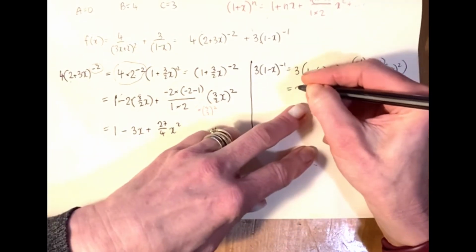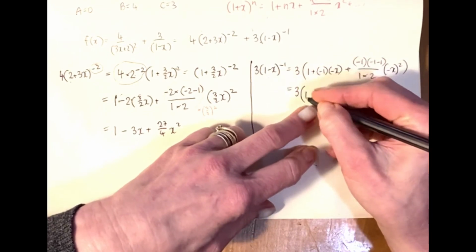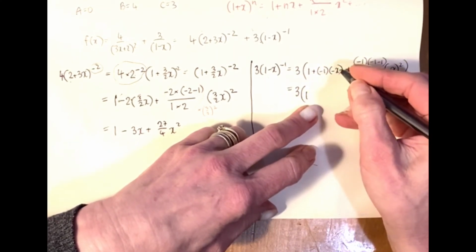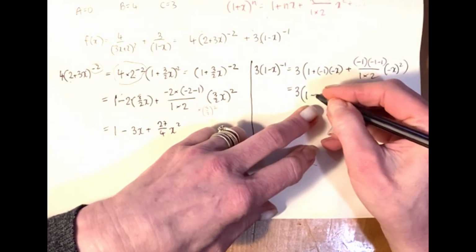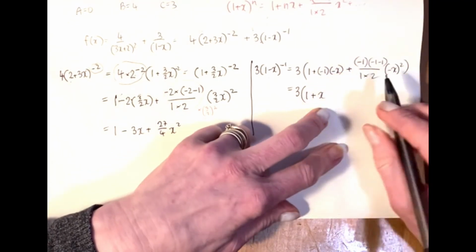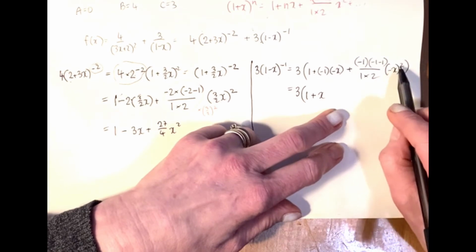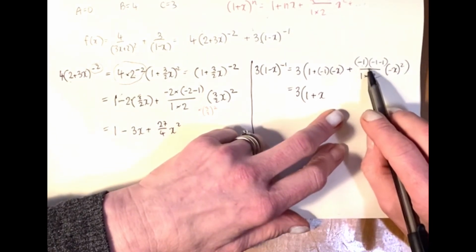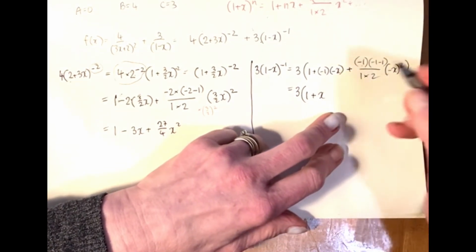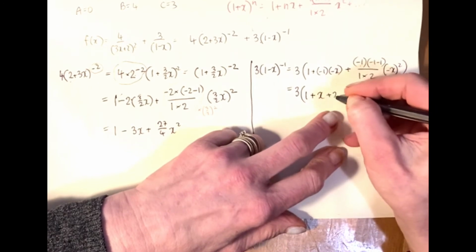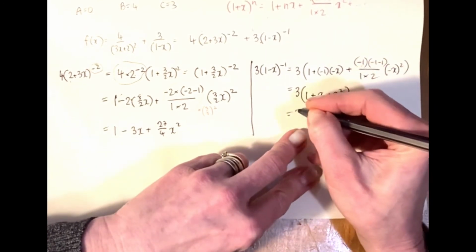Tidy it up: minus 1 times minus x is plus 1x, and then you have minus 1 squared, so it's positive, 1 times 2 over 1 times 2, that will give me x squared. So multiply it by 3.